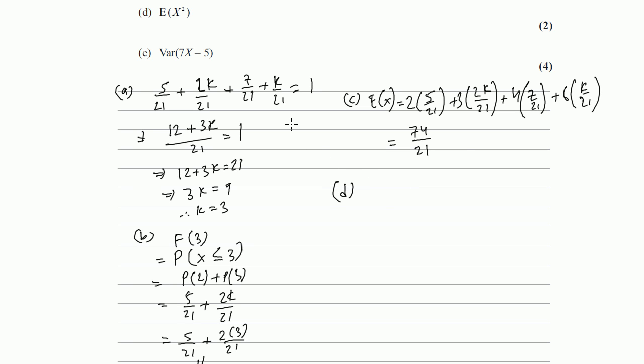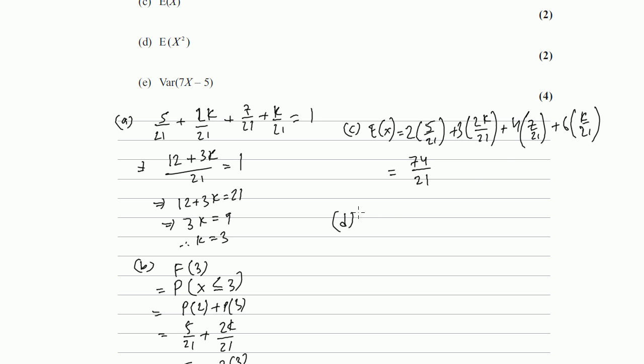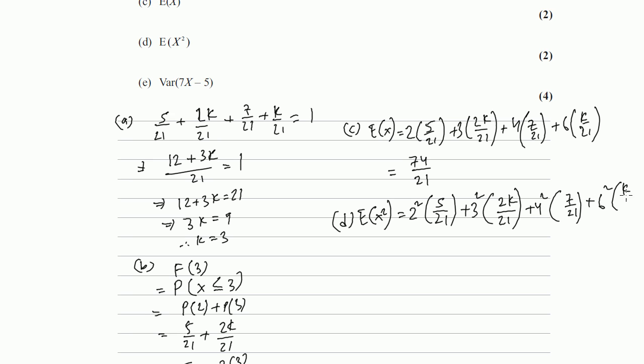The next question is find E(X squared). So E(X squared) is similar to E(X). So this is random variable squared times probability, plus random variable squared times probability, plus random variable squared times probability, plus random variable squared times probability.